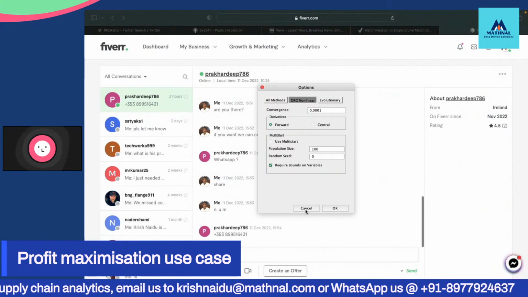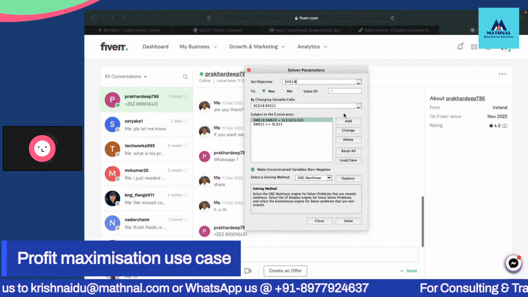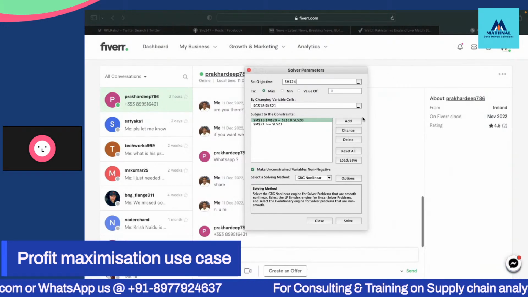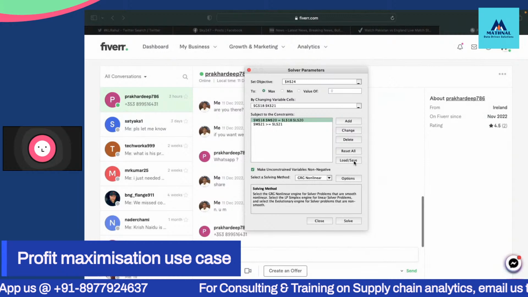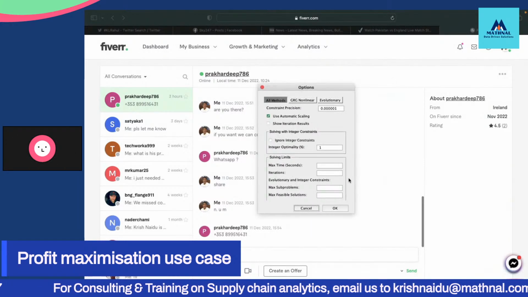Right, so just cancel it once again, and I'm going to use load save reset all. There's an option here.